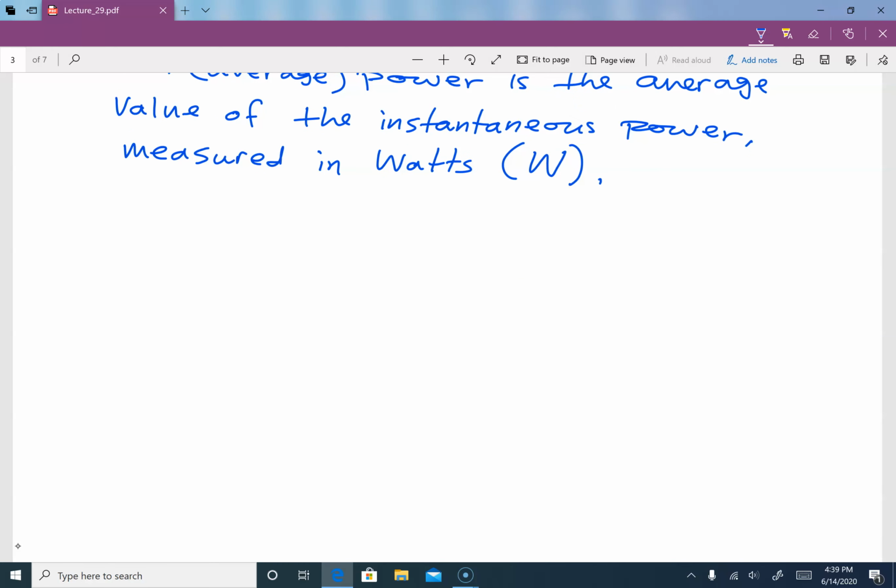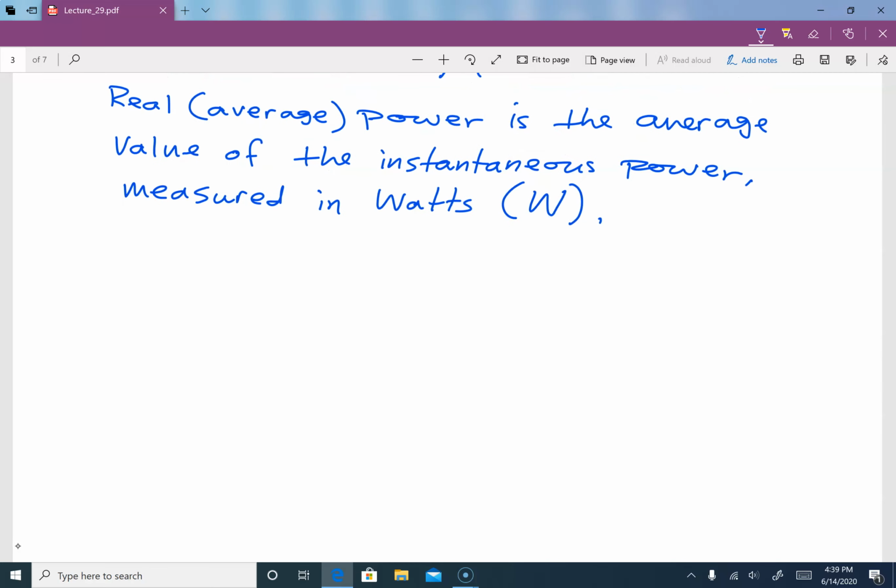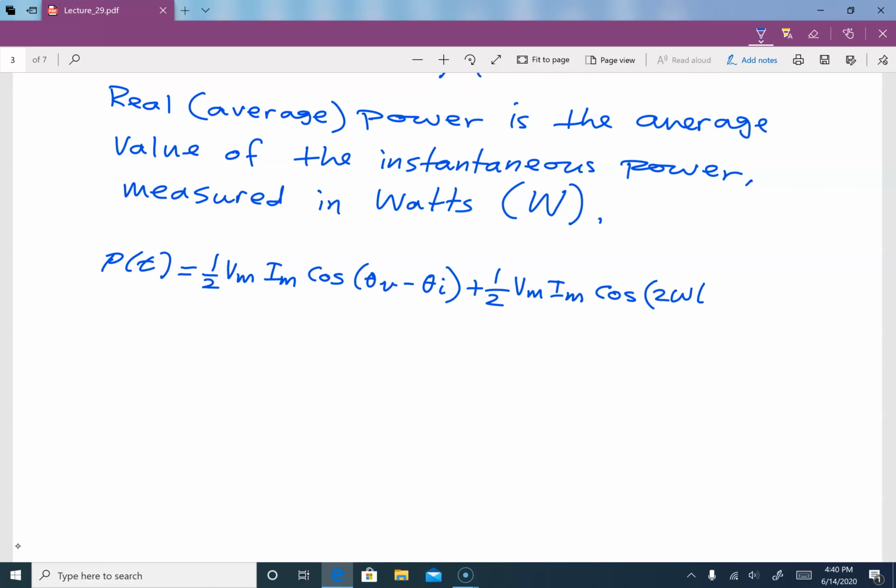So now, looking at our instantaneous power equation, that came out to be 1/2 Vm Im cosine of theta V minus theta I plus 1/2 Vm Im cosine of 2 omega t plus theta V plus theta I. That is the instantaneous power equation.